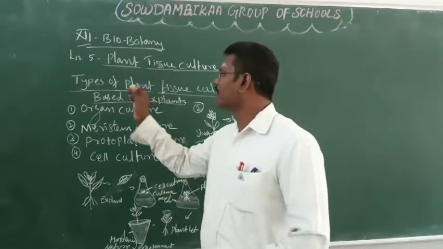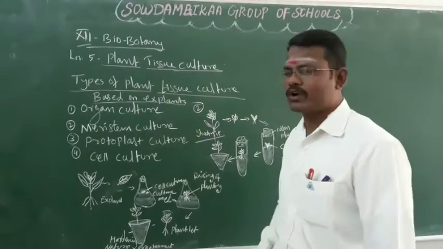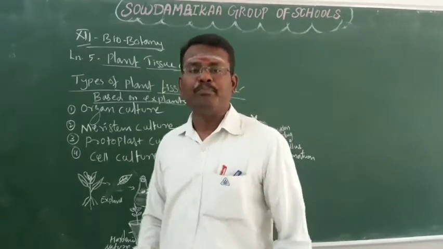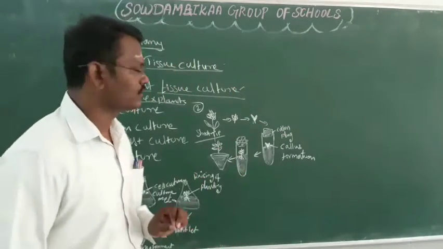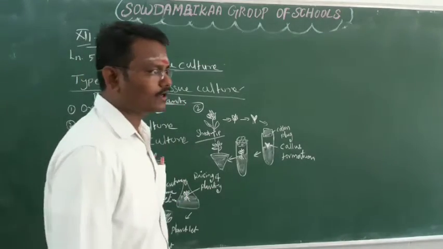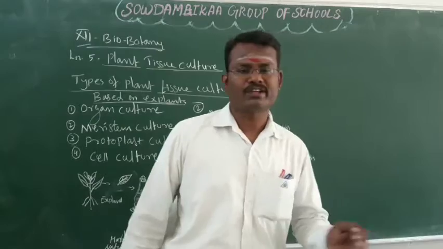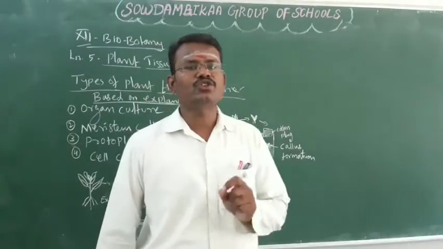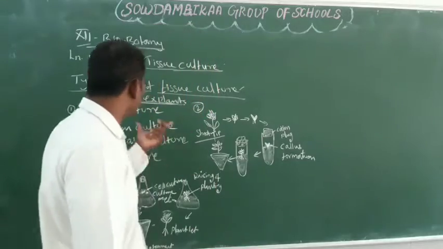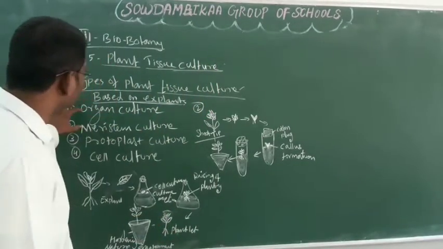Next is the types of tissue culture. Here, the type of tissue culture based on the explant is very important. The type of plant tissue culture is based on the explant. We can classify it into four types of plant tissue culture.